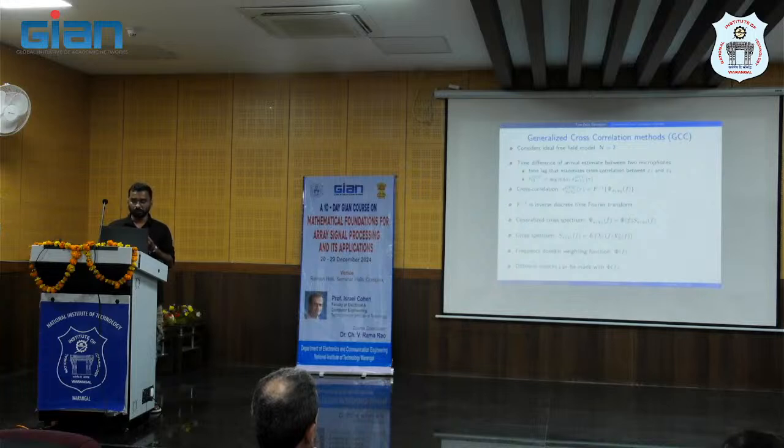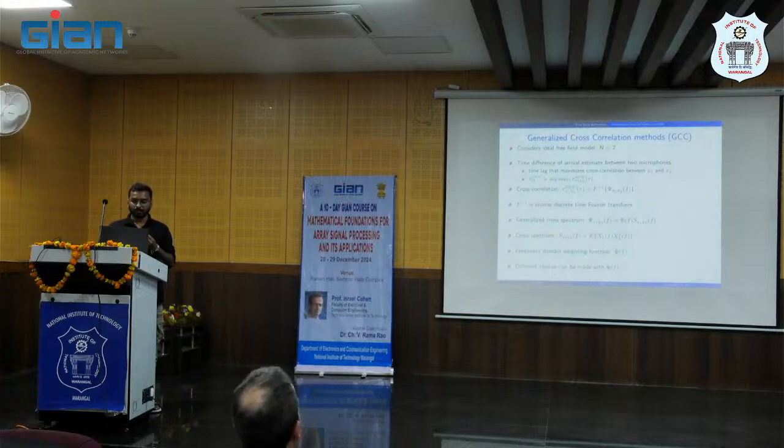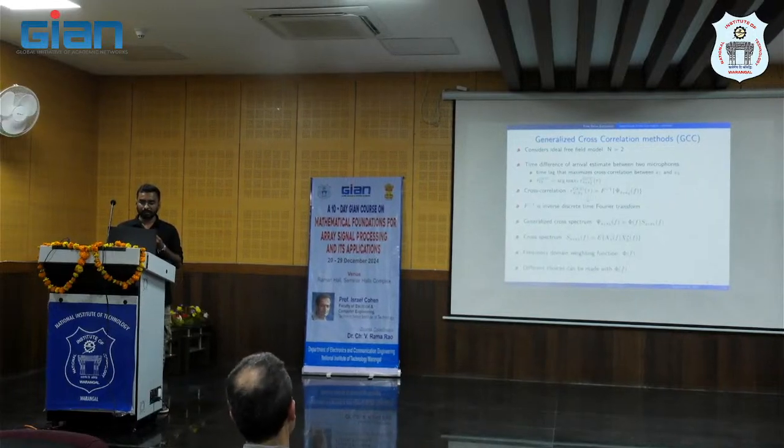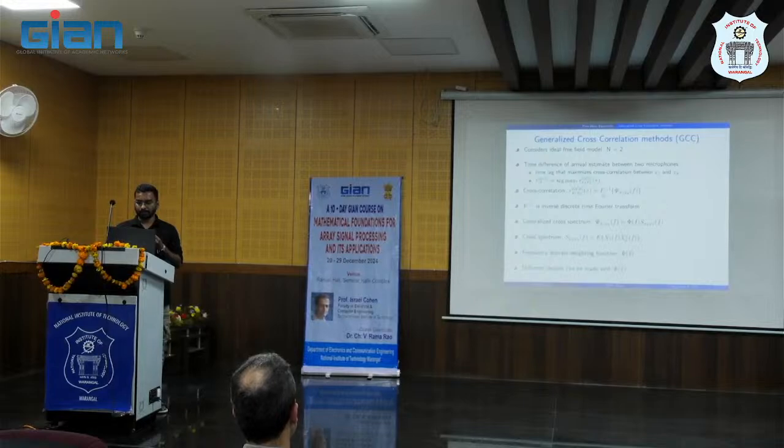In generalized cross correlation methods, we basically find the cross correlation between signals recorded from a two-microphone array. The number of microphones is 2, and the time difference of arrival is the value that maximizes the cross correlation.